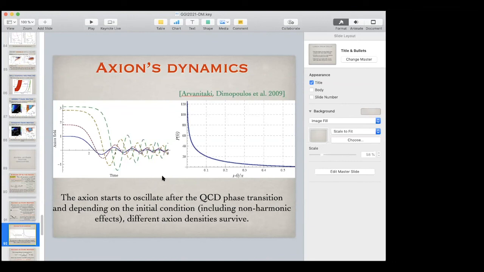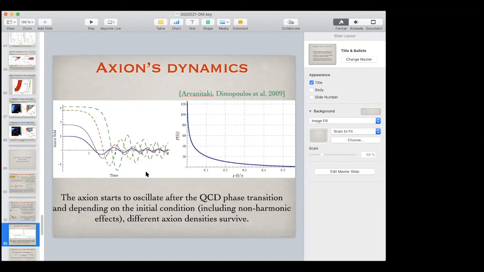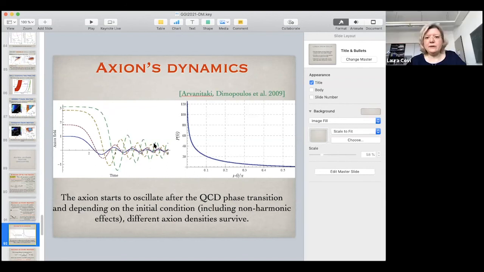Okay, but from the figure, the amplitude of this oscillation becomes much smaller and smaller, right? So my question is, will it stop at some time? Sure, the amplitude does become smaller, that's exactly what we discussed yesterday.